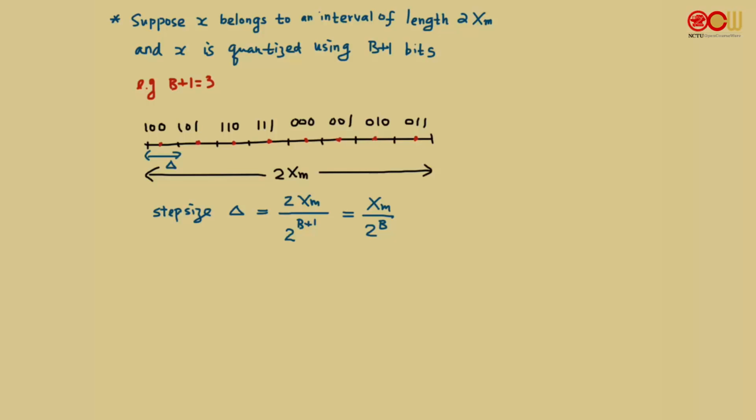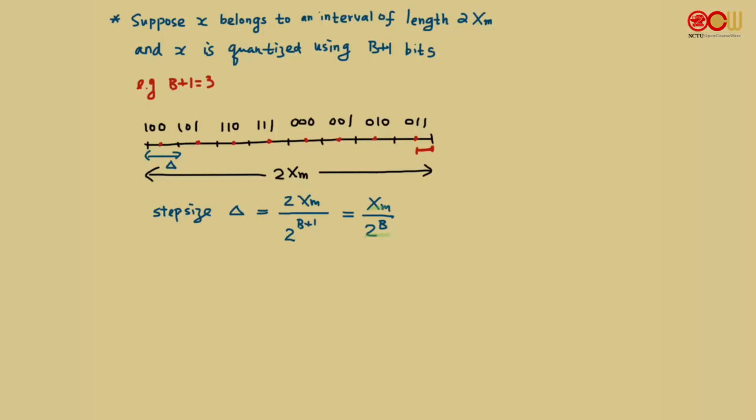It would be this much, half the step size. That's the largest difference between x and the quantized version. And the step size really depends on Xm and b.